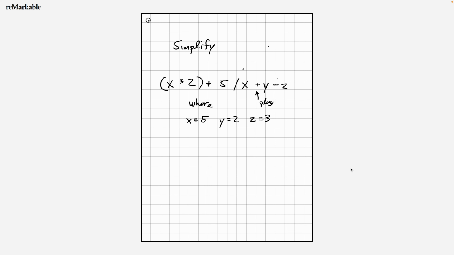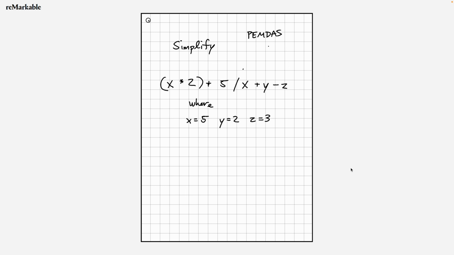You know this since probably 8th grade, at least maybe 7th grade. So PEMDAS counts. PEMDAS is something we've got to think about, and then we've got to think about how we do the actual variable stuff. So we have x times 2 plus 5 divided by x plus y minus z.